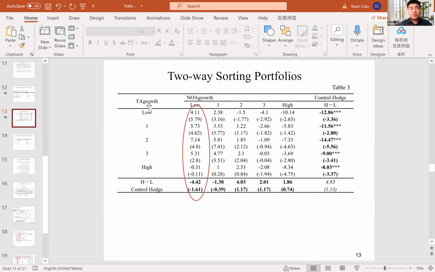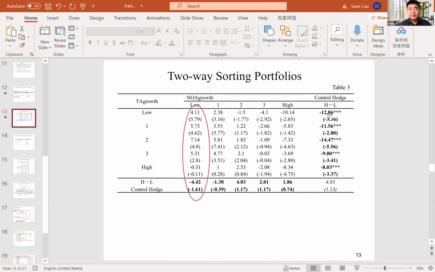When the total asset growth is low, you can still see the variation in the NOA growth. So when you hold the total asset growth constant and use high NOA growth minus low NOA growth, you obtain very high future returns. Same thing if you hold the total asset growth constant: you obtain high returns. Does that make sense to you?